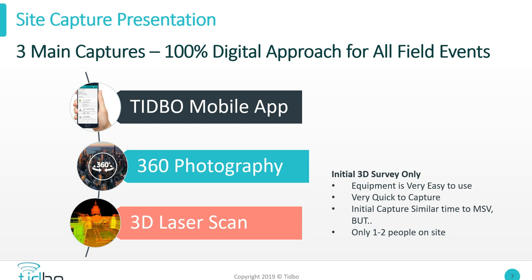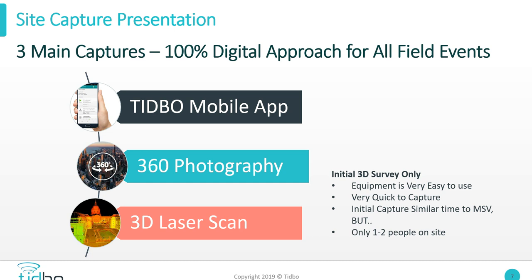So in the future, unless there's been a significant change to the site itself, maybe some actual works have happened on site, you really are looking at the TIDBO mobile app for all subsequent field to BIM, and it's such a convenient, easy to use device that you're going to see in a few moments.